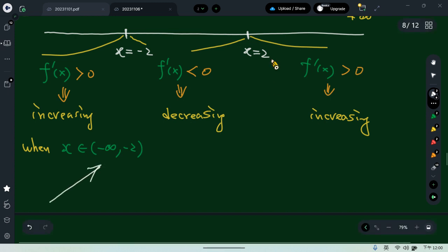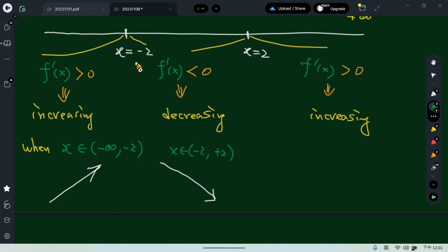But after we cross over at s is equal to negative 2, it will become decreasing when s belongs to negative 2 to positive 2, right? Then after we walk across 2, the function will go up again, so when s belongs to positive 2 to positive infinity.